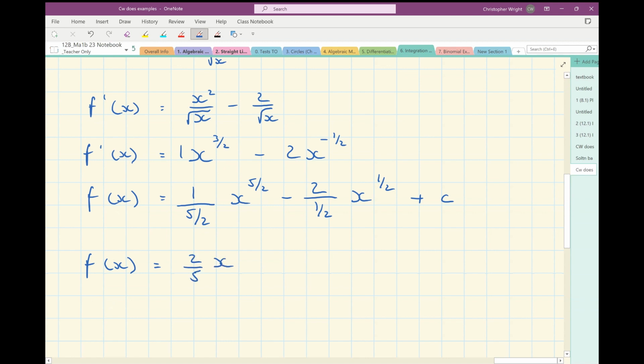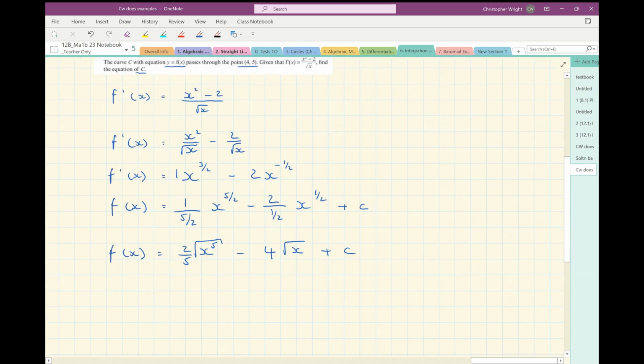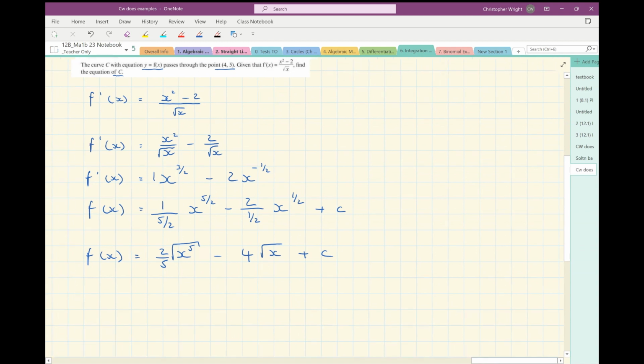Now that's x to the power of 5 square rooted, minus, well, that's 4 times the square root of x plus c. Okay, so there's my function, but of course I need to work out what that constant term is going to be if I want to work out the equation of c.